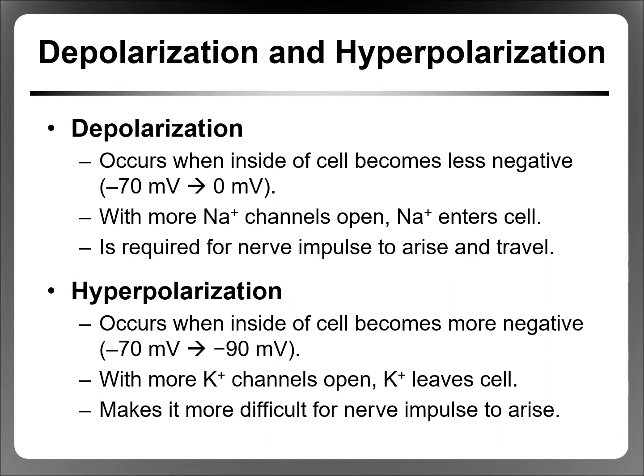This is required for a nerve impulse to arise and travel down the axon. Hyperpolarization, on the other hand, occurs when the inside of the cell becomes more negative, going from -70 millivolts to -90 millivolts. This happens because more potassium channels open, and potassium can then leave the cell. This makes it much more difficult for a nerve impulse to arise and travel down the axon.